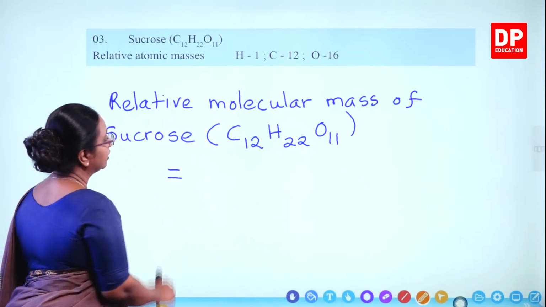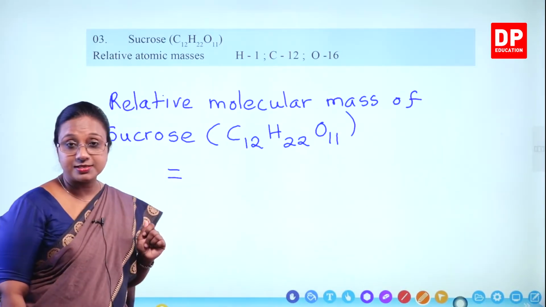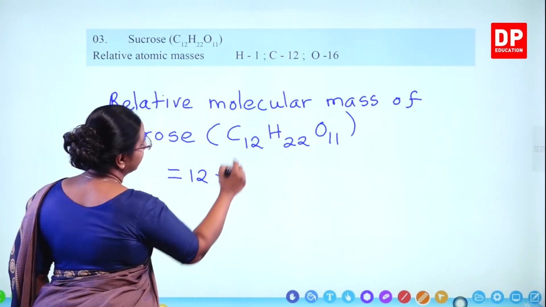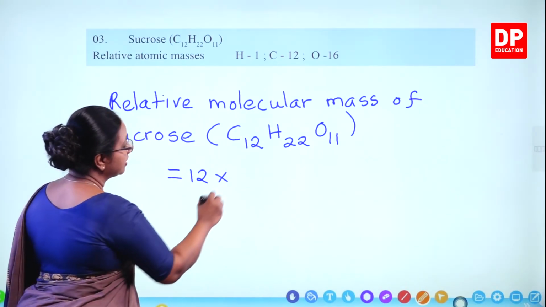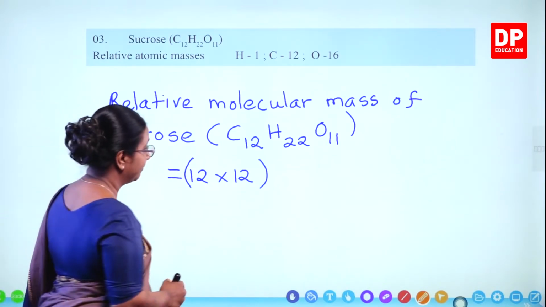So if we calculate the relative molecular mass, the relative atomic masses are given to you. How many carbons? There are 12 carbons. What is the relative atomic mass? That is also 12. So 12 into 12.